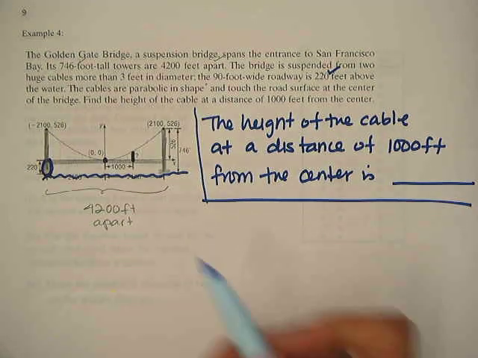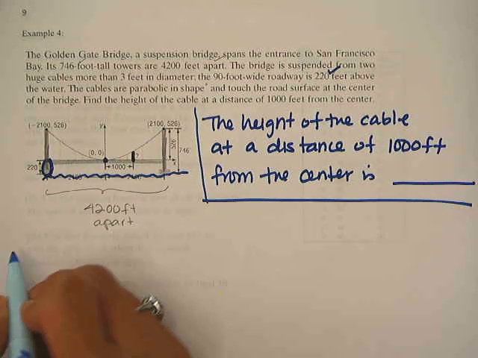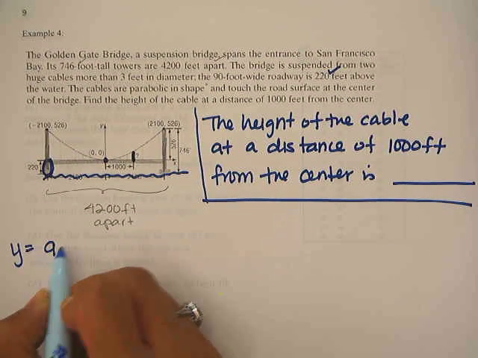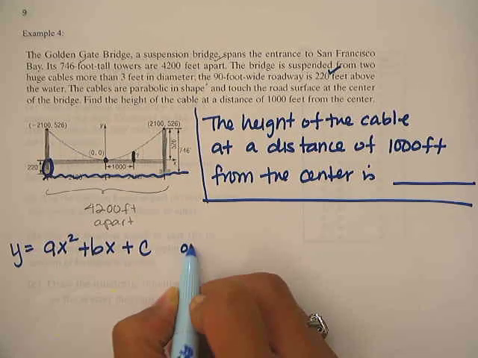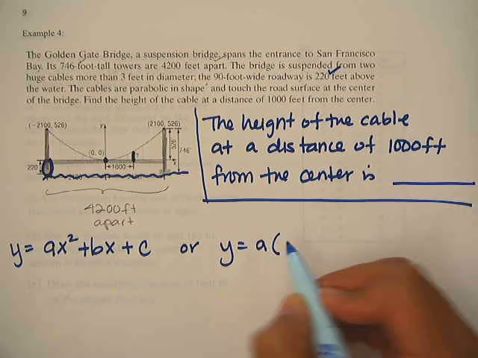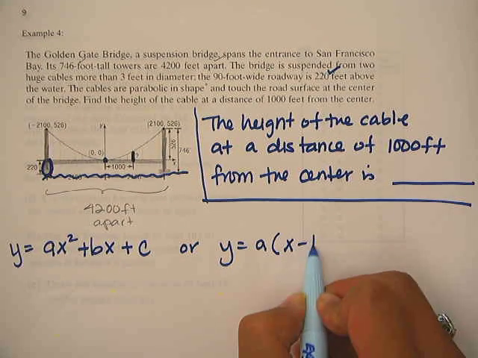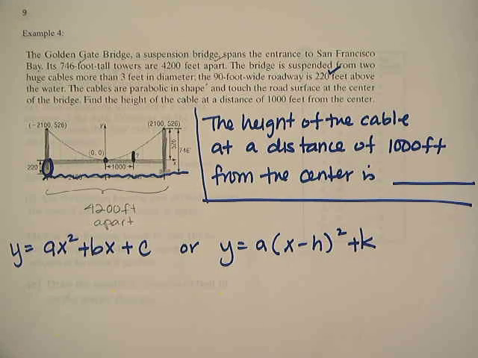We know that this is a parabolic shape, so we can write our equation in two formats. y equals ax squared plus bx plus c, or we can write it in vertex form. We've seen both recently. y equals a times (x minus h) squared plus k. Both of these are known, so you can pick whichever one is easiest for you.